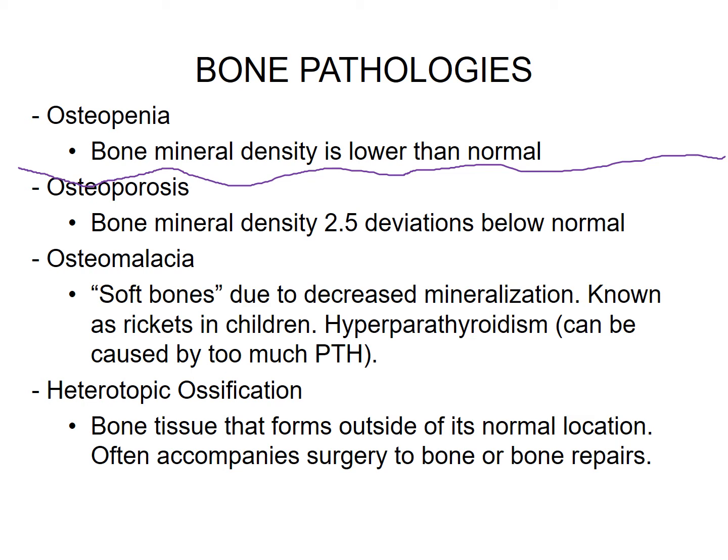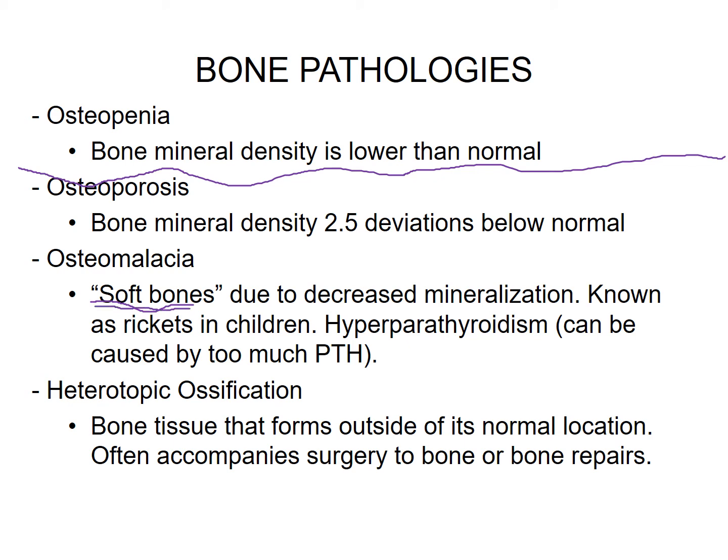The next disorder that we're going to discuss is osteomalacia. Osteomalacia, very different than osteoporosis and osteopenia. Osteomalacia is not so much a weakening of the bones due to it becoming more brittle, it's more of a softening of the bones due to a vitamin and mineral issue.